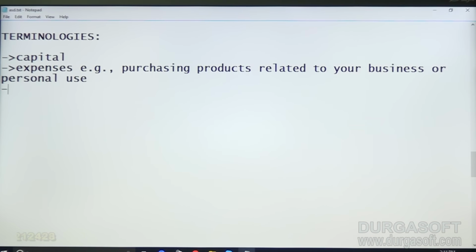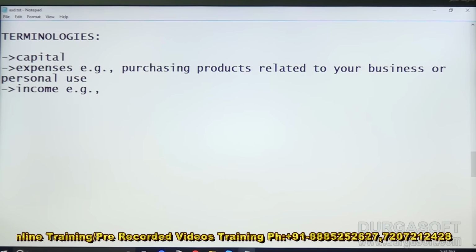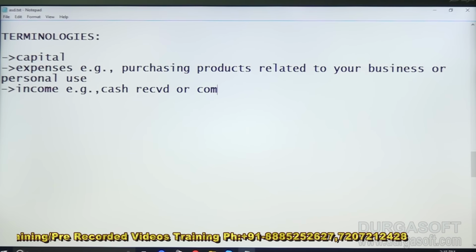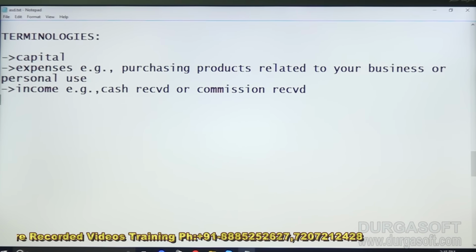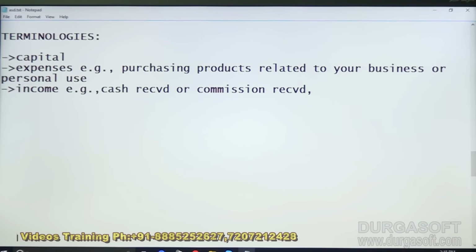And next, income. Example we can see here: cash received or commission received. It means receiving cash or else receiving a check. It may be income, whether cash or check.